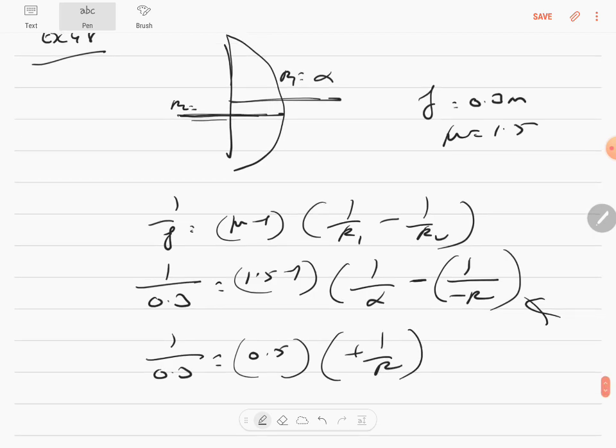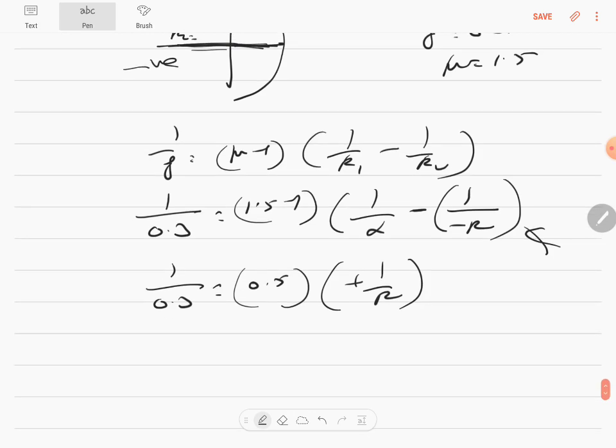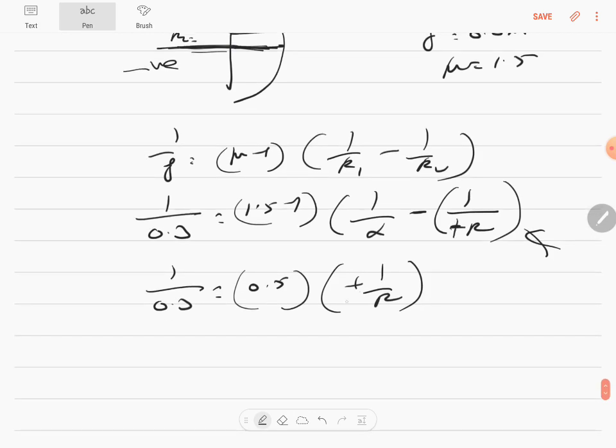And the thing is, when you find the radius, it's got to be negative, right? So you should write it as plus R so that it still remains minus R, so that your answer can be negative. You understand? So no need to put the sign convention. Let's keep it like that. So 1 by 0.3 into 0.5 is 5 by 3, so 0.15 is equal to 1 by R with a negative sign.